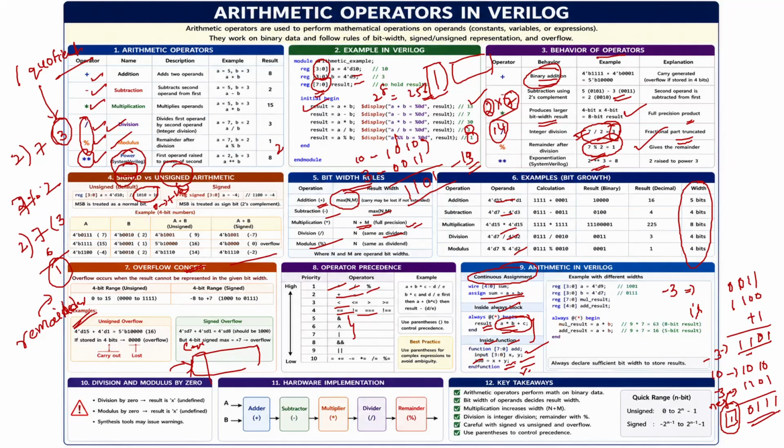If someone asks you the difference between function and task: a function executes at zero simulation time because it does not allow any delays, and a function returns a single value. These three differences you need to say. And a task has delays, so it is not executed at zero simulation time, and a task cannot return any value.